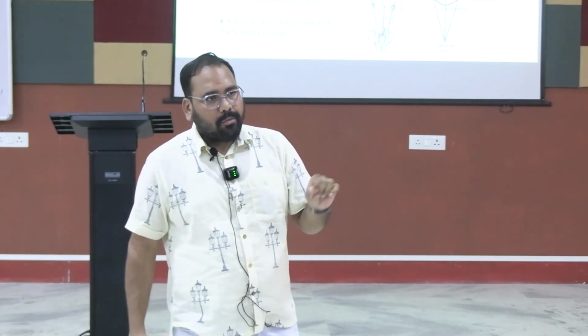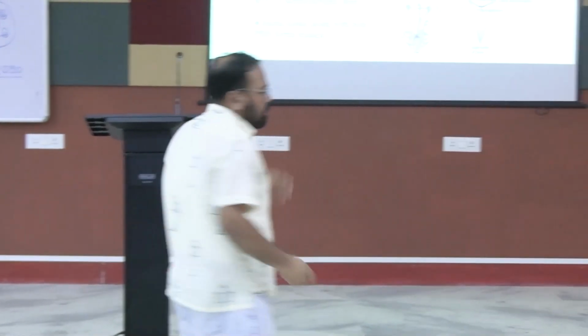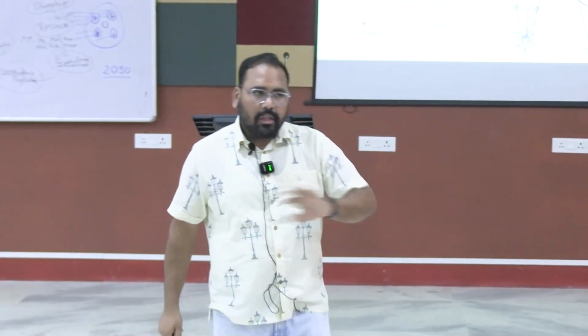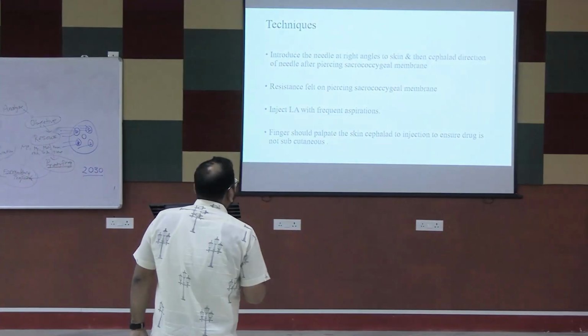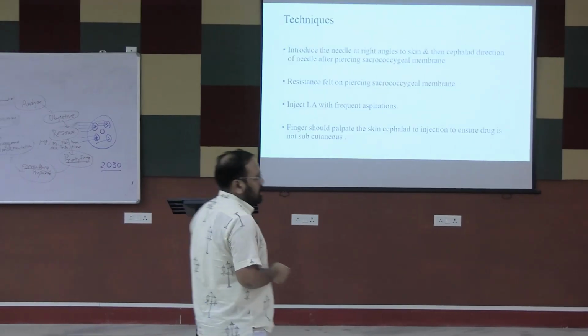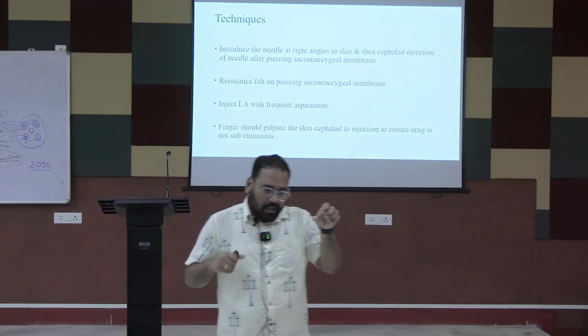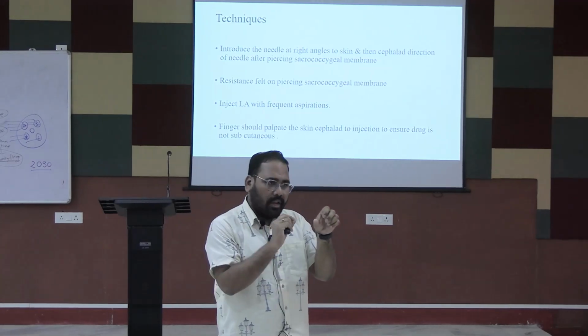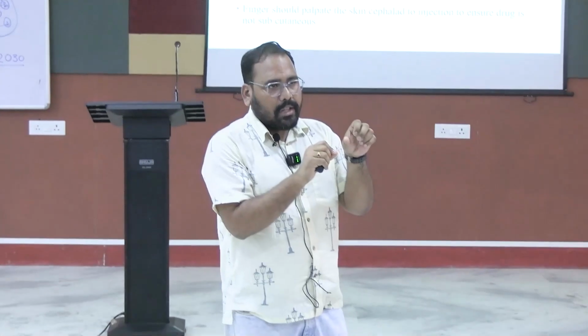You can feel it from outside. From that sacral hiatus, you will be going inside the caudal space. Now introduce the needle at a right angle to the skin. So when you feel the sacral hiatus, you put a needle there at a 90-degree angle and pierce the skin.